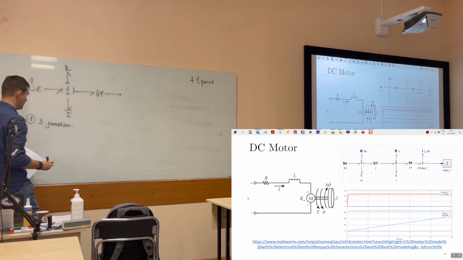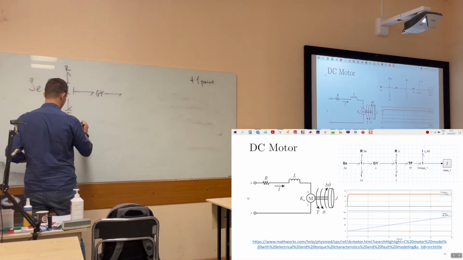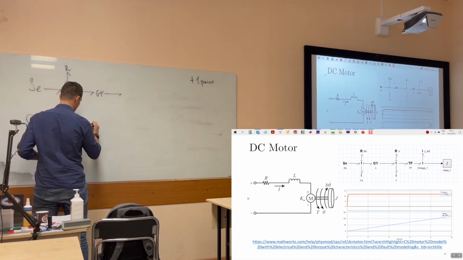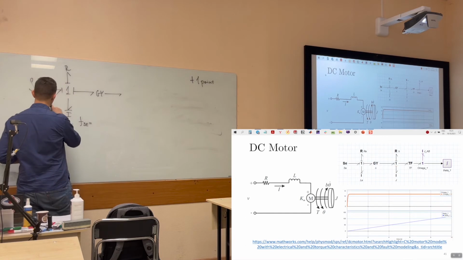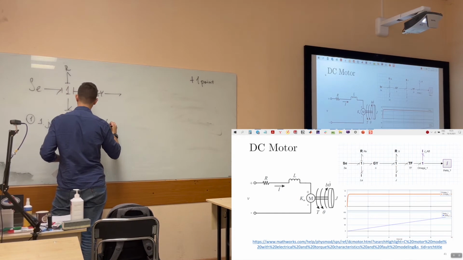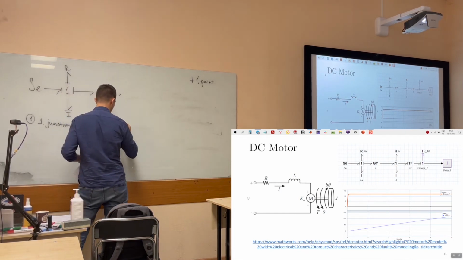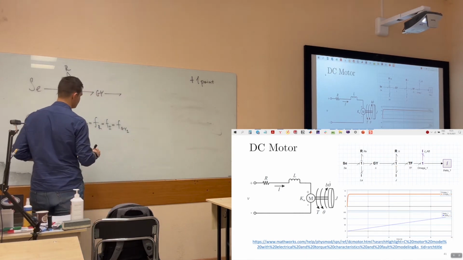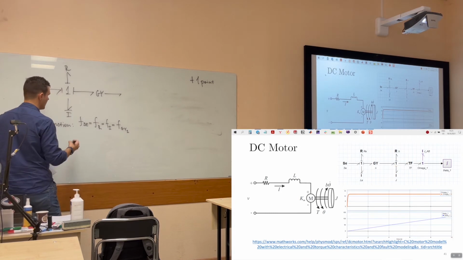For one junction, we know that all the flows are the same. So the flow of our source of effort, flow of R element, flow of I element, and flow of gyrator 1 is the same.